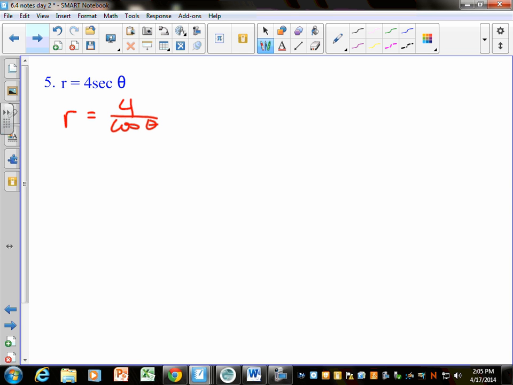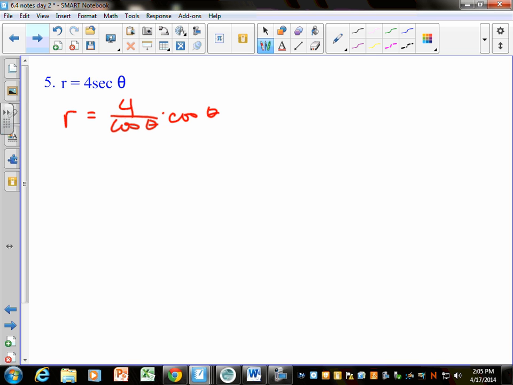What if I multiply this over to this side? Does that work? It's not wrong. You can multiply r in. It will still work out and you'll just have more stuff to do. But look at the number 1 that we did. Was number 1's answer r equals 4 secant theta?